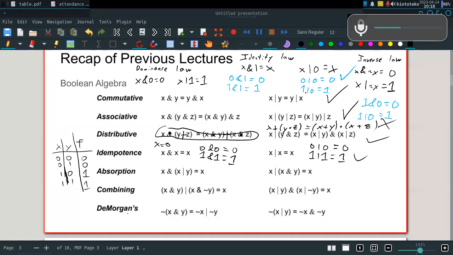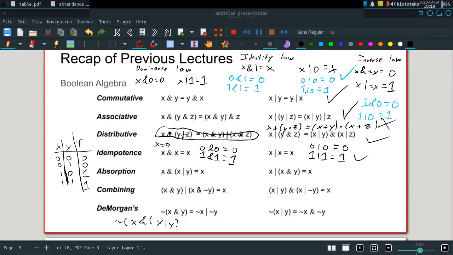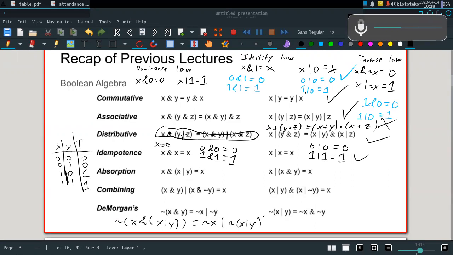For example, let's say we have not (x and xy). We can do it by steps. We first bring this not operator inside, so it will be not x or not (x or y).